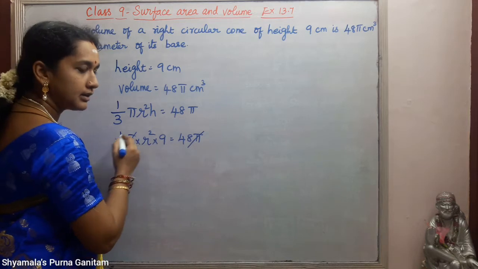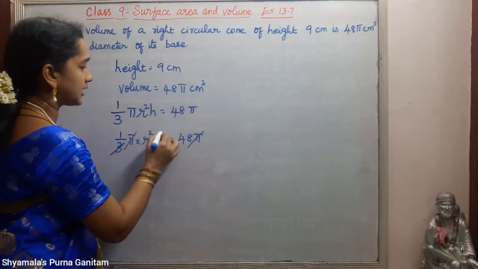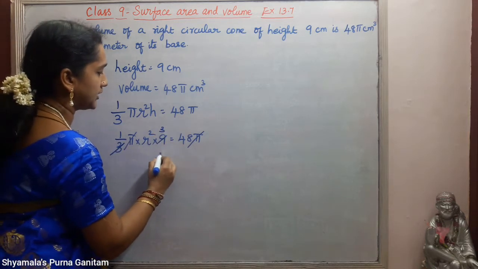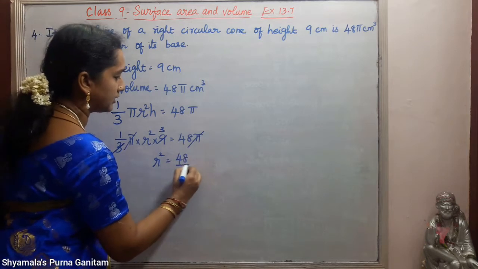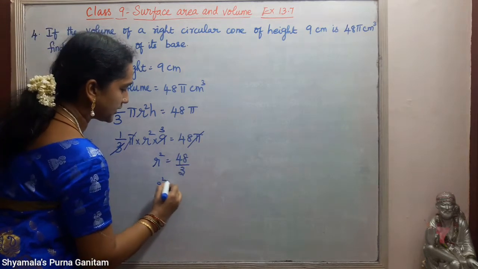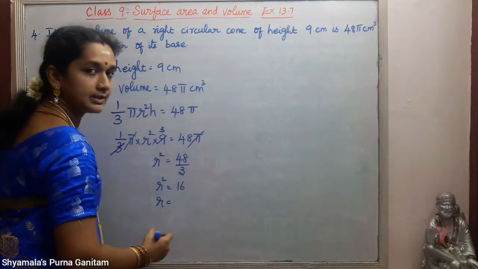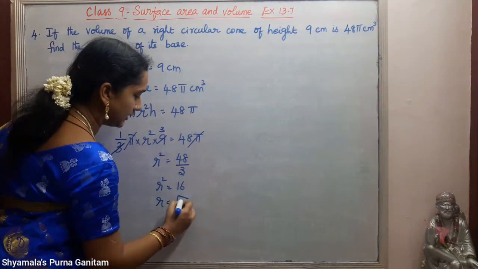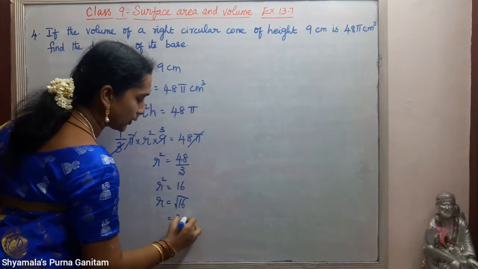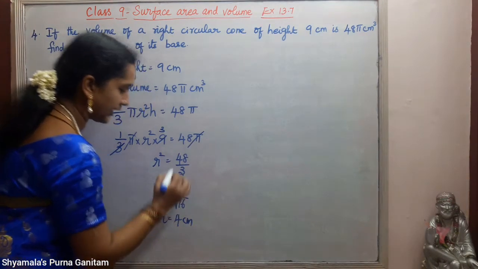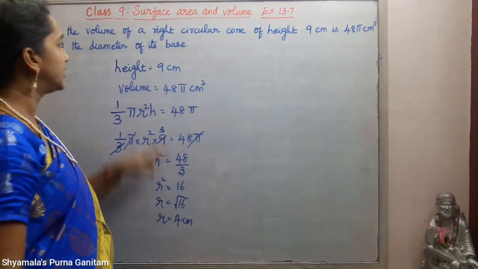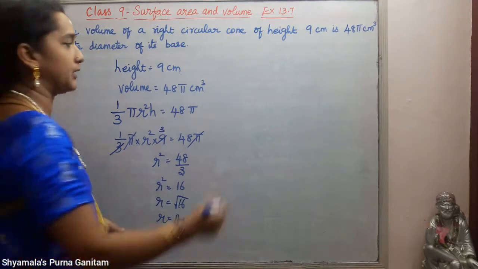Then 3 3's are 9. So r squared is equal to 48 by 3. So r squared is equal to 16, since 3 1's are 3, 3 6's are 18. So radius r is equal to root 16, that is equal to 4 centimeter. So we got radius as 4 centimeter. We are asked to find the diameter of the base.